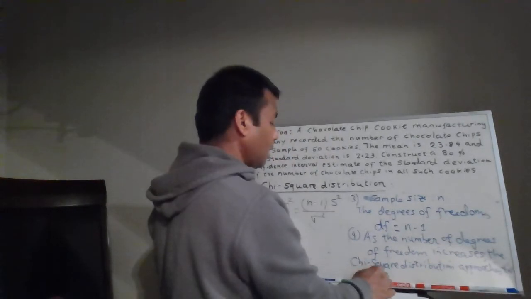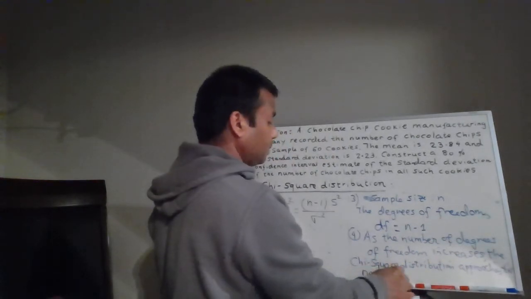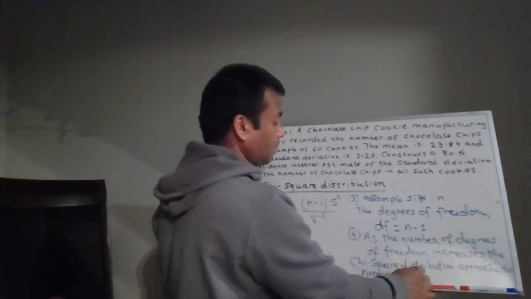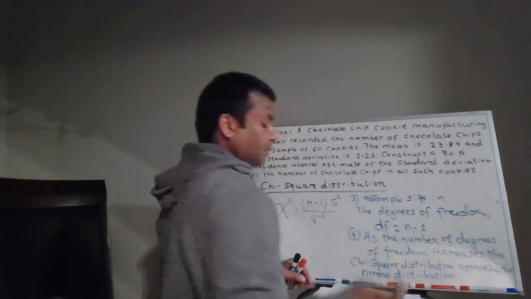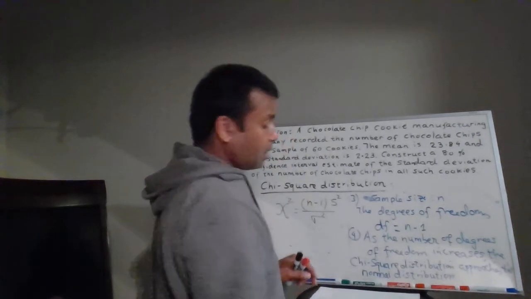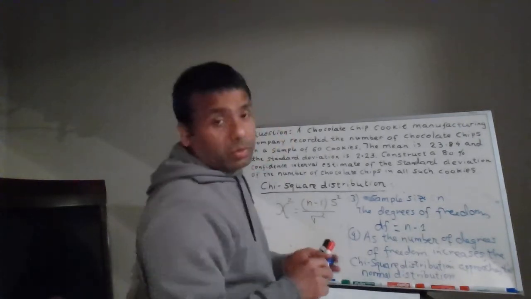So this is also very important. These are the properties of the chi-square distribution.